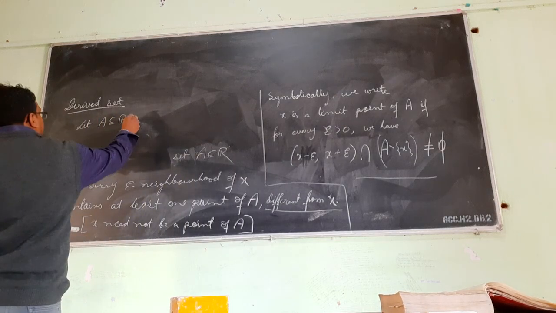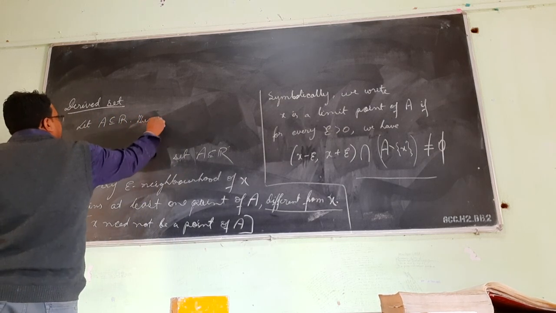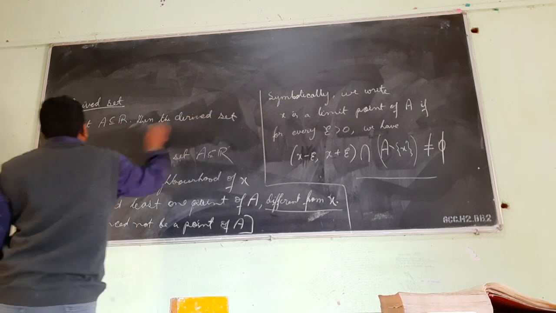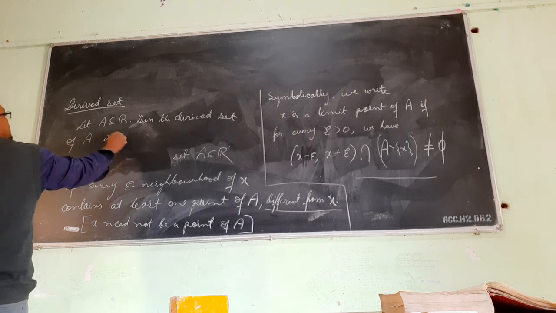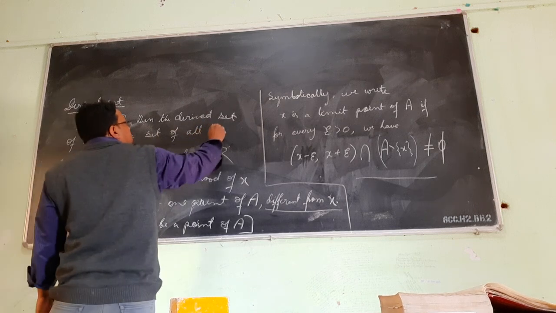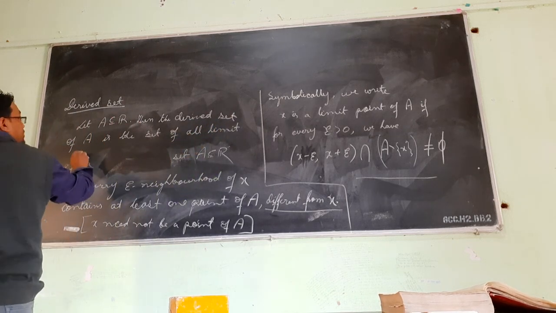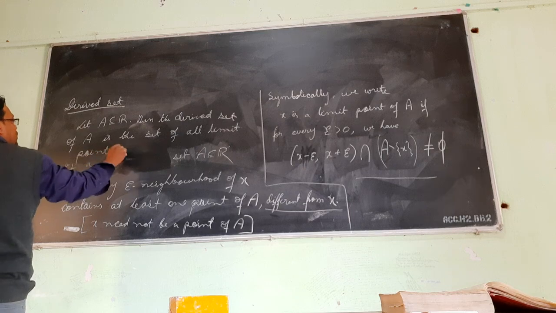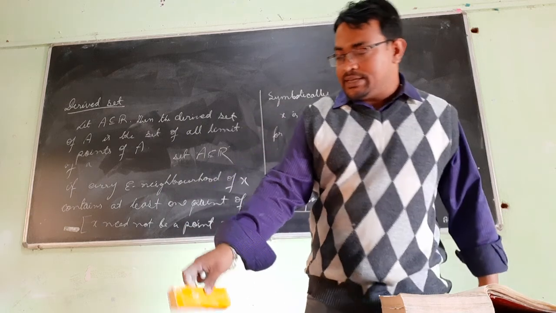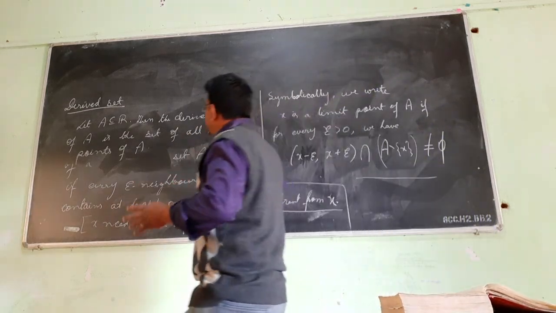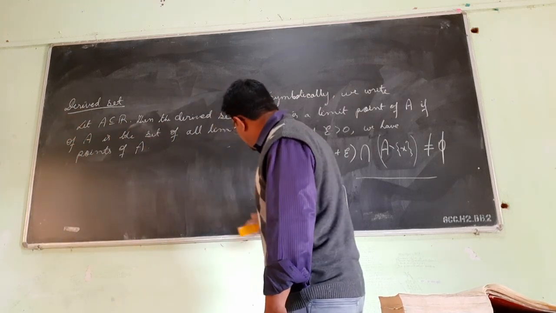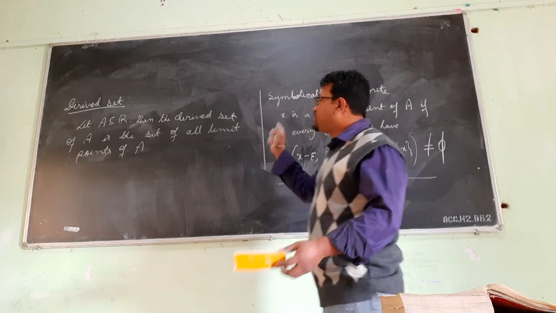So let A subset of R. Then the derived set of capital A is the set of all limit points of capital A. It may happen that a set has many limit points. So you take the collection of all limit points, then you will get what is called the derived set.